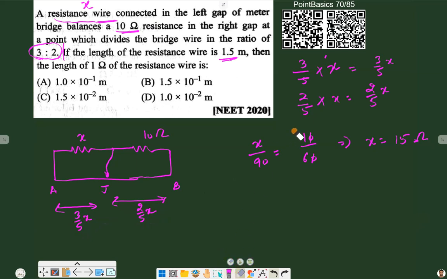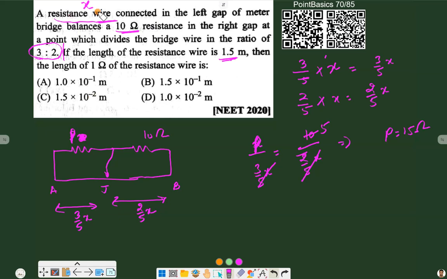Now if we balance, x we already used, so let's consider the resistance P. So according to balancing, P by (3 by 5 of x) is equal to 10 by (2 by 5 of x). The 5x gets cancelled. So again P will be 15 ohm. Now P is equal to 15 ohm.